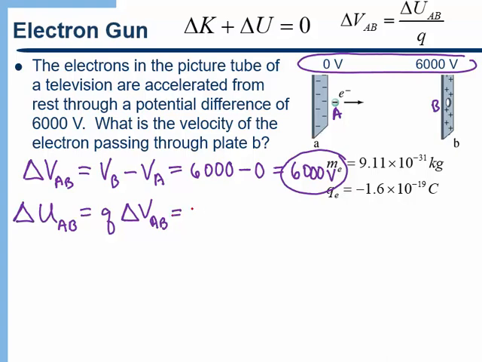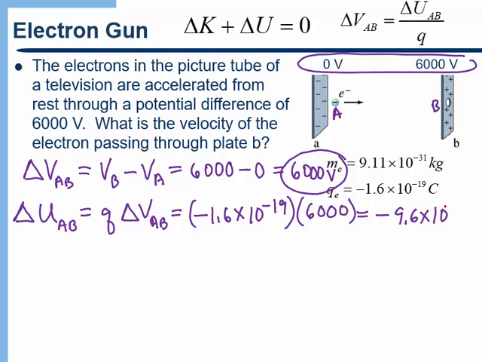And that's exactly what we find, because although delta V is positive, Q is negative. So negative 1.6 times 10 to the negative 19th is our charge, our delta V is still 6,000, and we end up with negative 9.6 times 10 to the negative 16th joules.